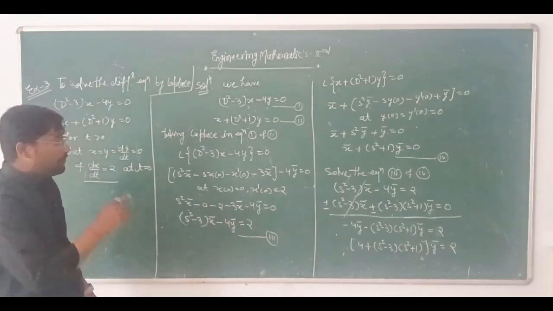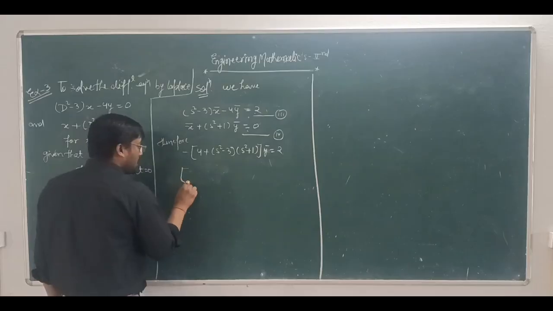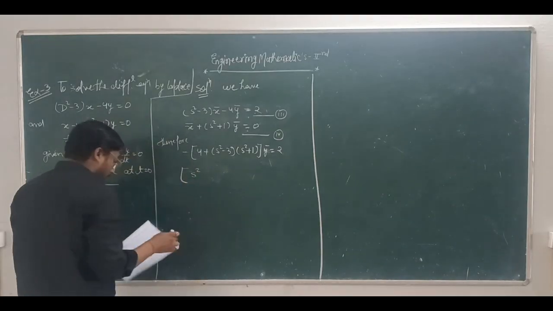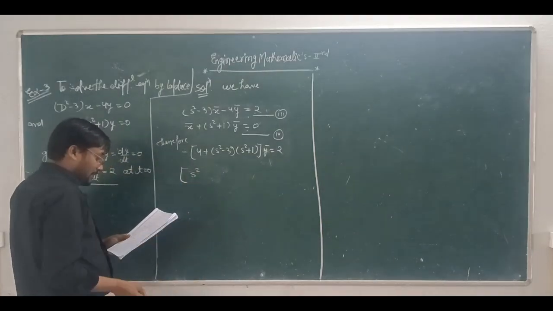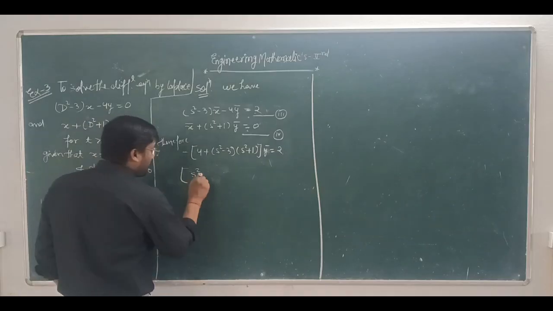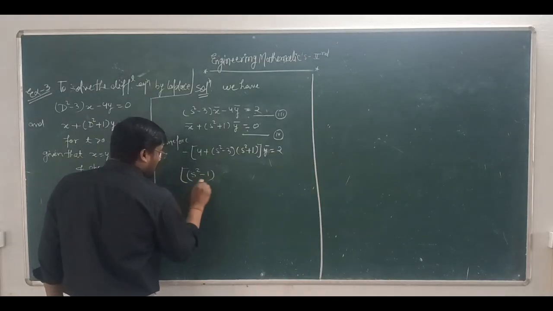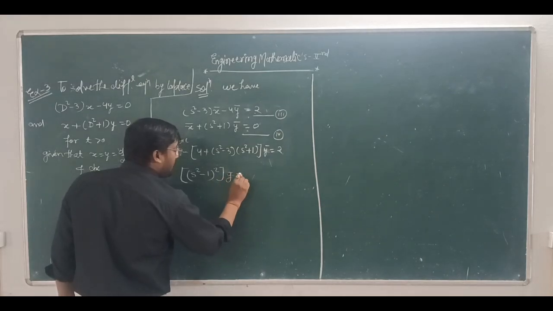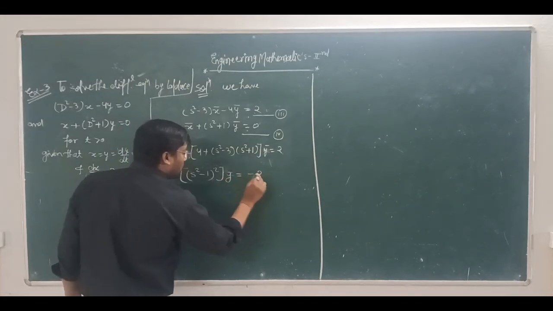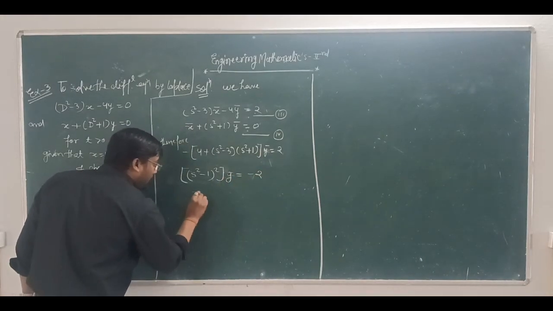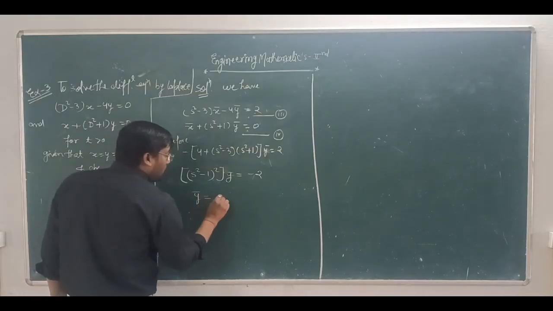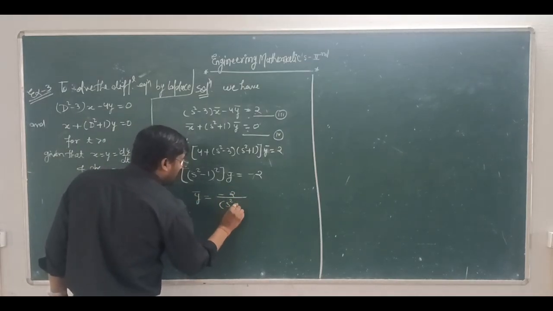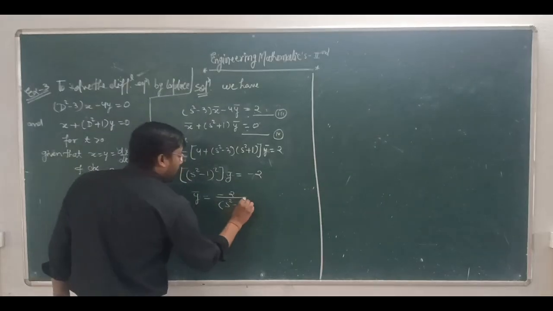Yes, you can note down the equation: you can find (s square minus 1) to the whole power 2 times Laplace of y is equal to minus 2. Now Laplace of y is equal to minus 2 upon (s square minus 1) to the power 2.